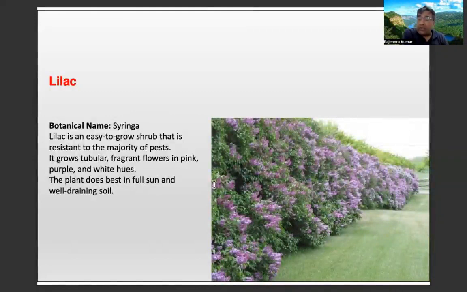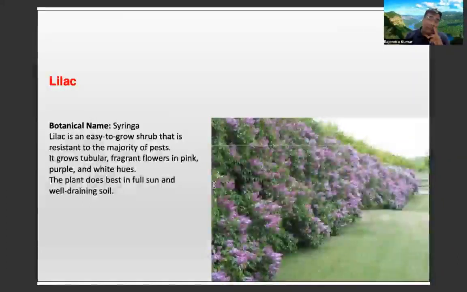So that is the reason why this kind of shrub is commonly used, and it has also the advantage that it has a flower, which makes the space more beautiful looking. The plant does well in sun and well draining soil.